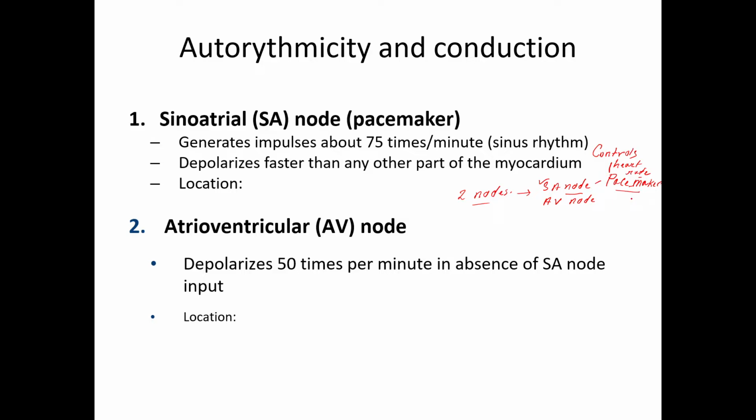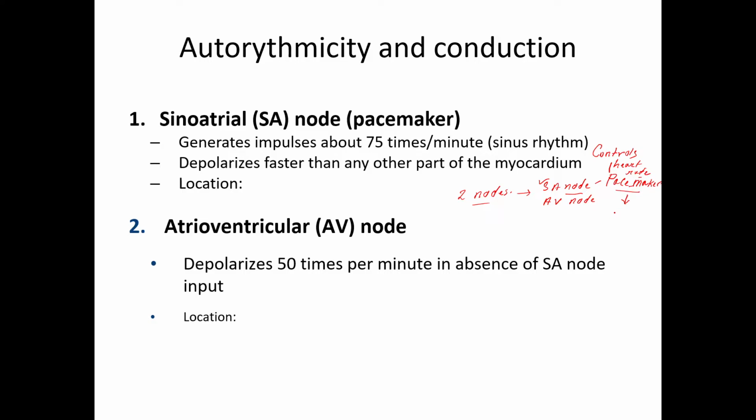That means what? Pacemaker is like a battery. It produces electrical impulses one after another at regular intervals. So every time the pacemaker produces an electrical impulse, your heart beats.